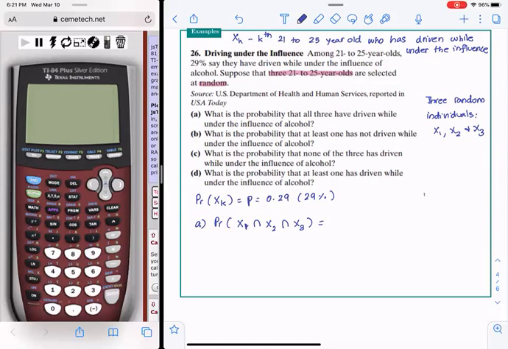All 3 of them are random, so I can split them up and write it as probability of x1 times probability of x2 times probability of x3. Regardless of the individual, that probability is the same. So 0.29 times 0.29 times 0.29, which would give us 0.29 cubed.